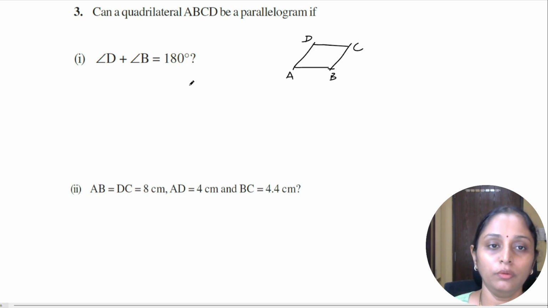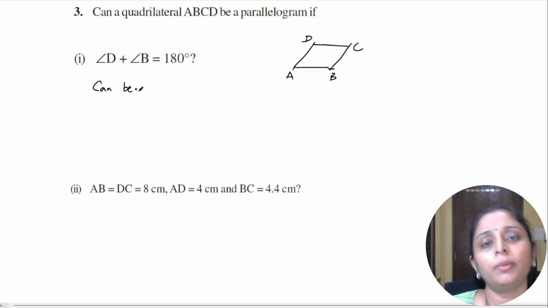Now there is no property, or there is no clause in the definition which says that opposite angles can't be supplementary for a parallelogram. So if the opposite angles are supplementary, which is the meaning of D plus B equal to 180, there is no harm in it. So it can be a parallelogram, not must be or should be, but it can be.